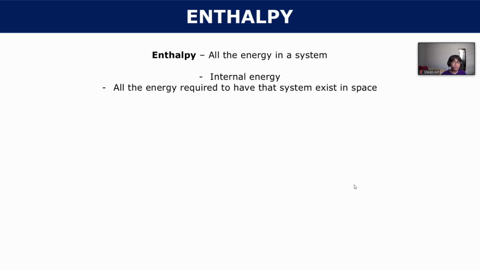So if we're trying to calculate enthalpy, it would be the internal energy plus PV. And PV represents pressure times volume, and that represents the amount of energy required to have that system exist in space. It's actually really hard to measure enthalpy, and in fact, we can't do it.